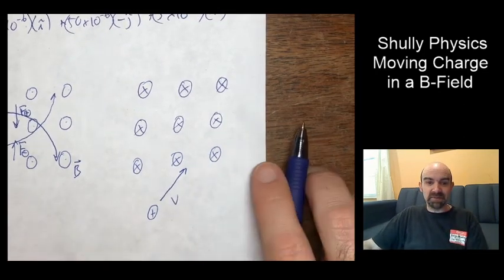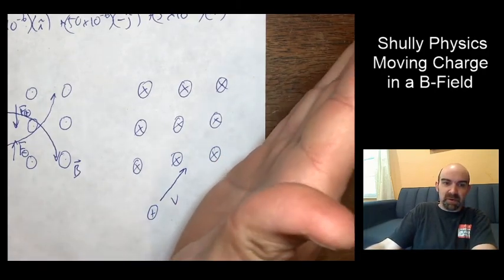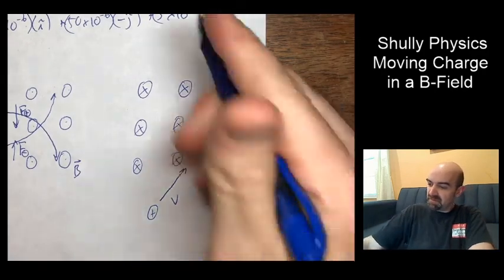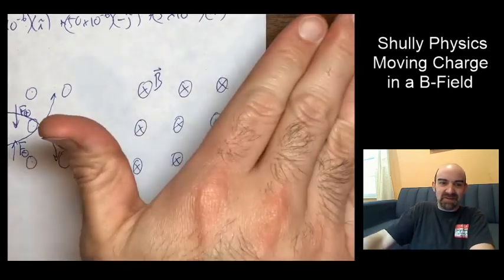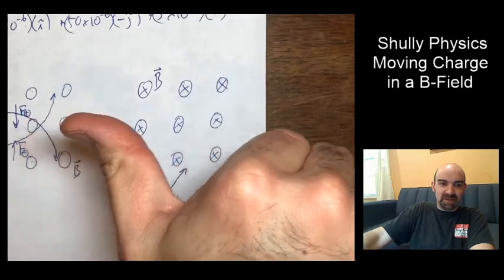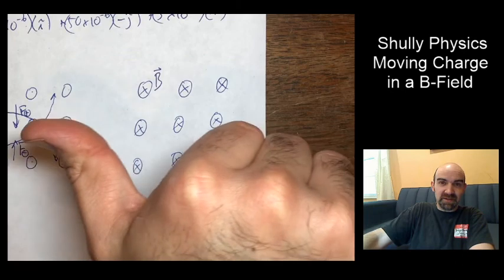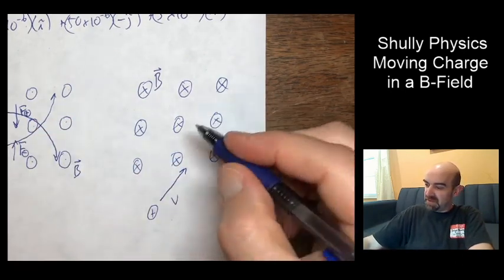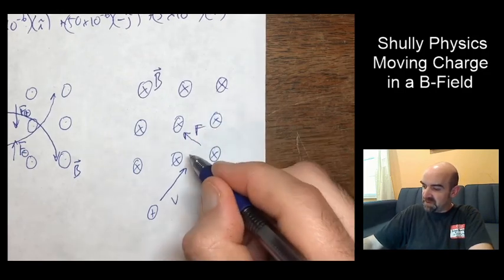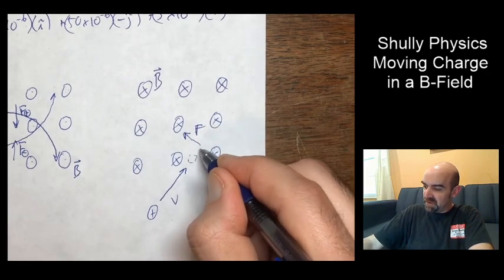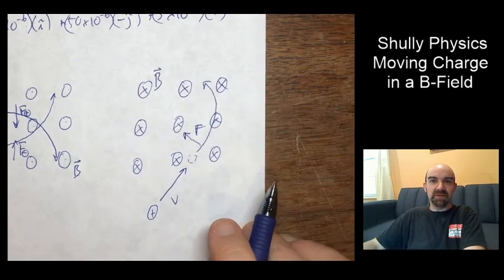So what's it going to do? I take my hand in the direction of that velocity, and I need my palm facing the direction of the magnetic field, which I didn't label, so that's downward. So the force is going to be in that direction, perpendicular to the velocity and the field. So when it enters this region of space, it will start to curve and accelerate in that direction. That's going to be its path.